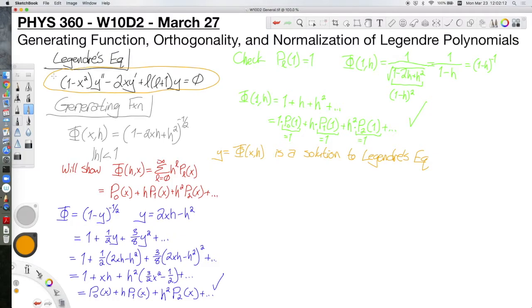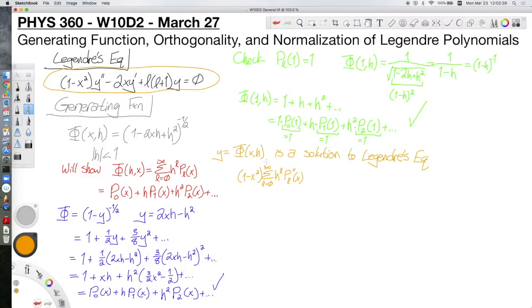So if we do that, we end up with the expression 1 minus x squared times the sum from l equals 0 to infinity of h^l P double prime l of x. So this is just what happens when you take two derivatives of y. It doesn't affect the h to the l term because that's not in terms of x.